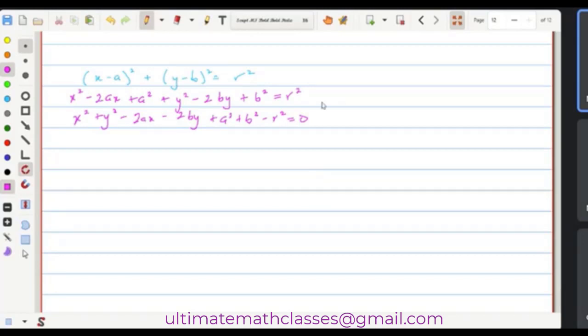There are some terms without x or y, that is a squared plus b squared minus r squared. We're trying to clean these up to form one term. Also, leaving the work with negatives is not wrong. This is actually a very nice expansion, but it doesn't really look nice. And besides, I don't like working with negatives.